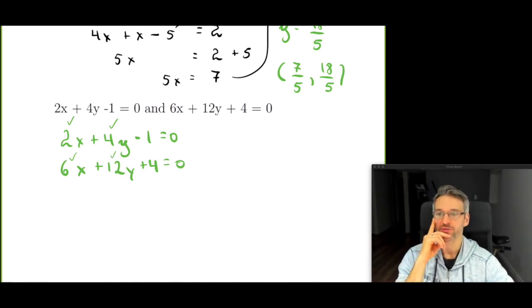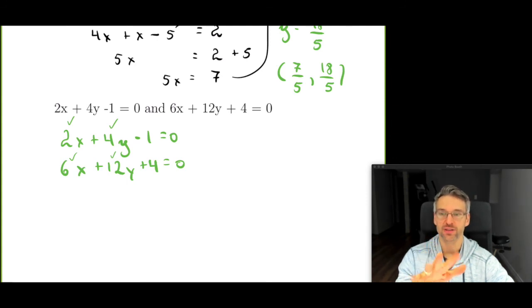One nice way of seeing that is the coefficients look like they are just 3 times bigger in the second one. If I multiply 2 by 3, I get 6, and if I multiply 4 by 3, I get 12. Now, 1 multiplied by 3 is not going to give me 4. So these are not the same lines, right?